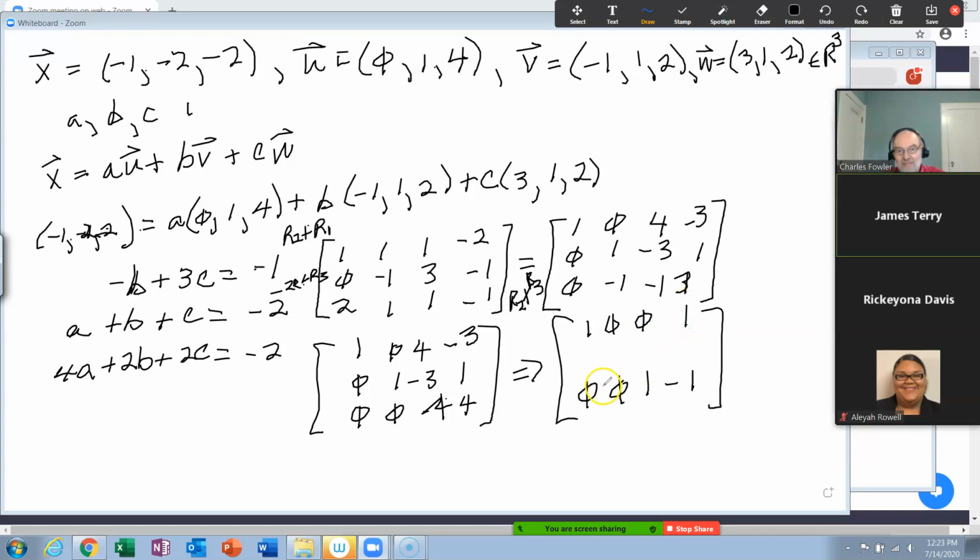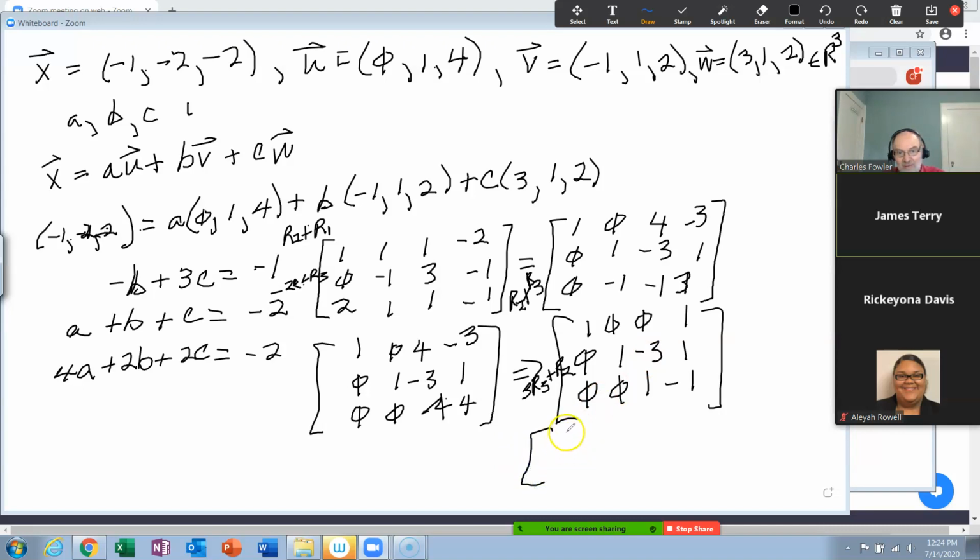Now we'll write down row 2, 0, 1, minus 3, 1. All right, last step is 3 times row 3 plus row 2, right? Let's see what that gives us.